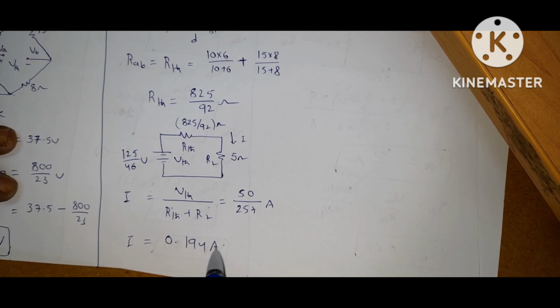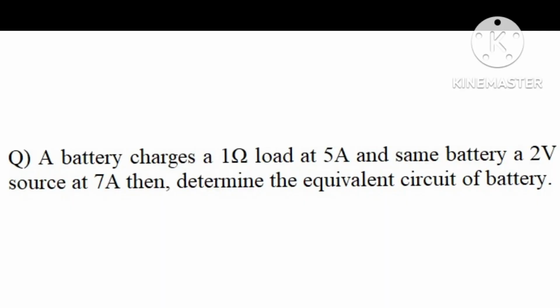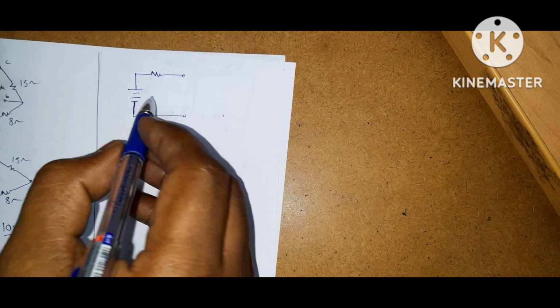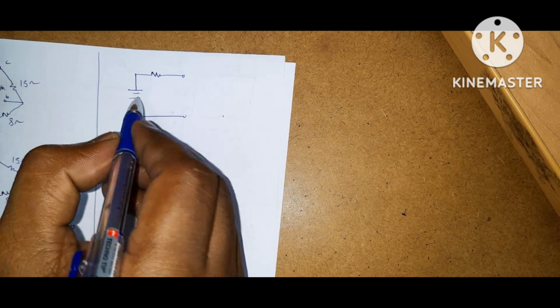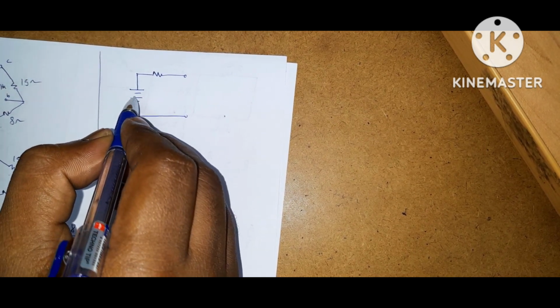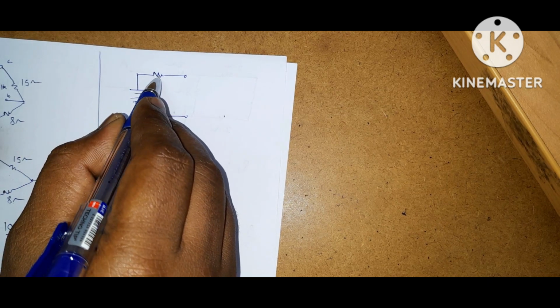A battery charges a 1 ohm load at 5 amps and the same battery charges a 2 volt source at 7 amps. Then determine the equivalent circuit of the battery. The equivalent circuit of a battery is a voltage source in series with an internal resistance.